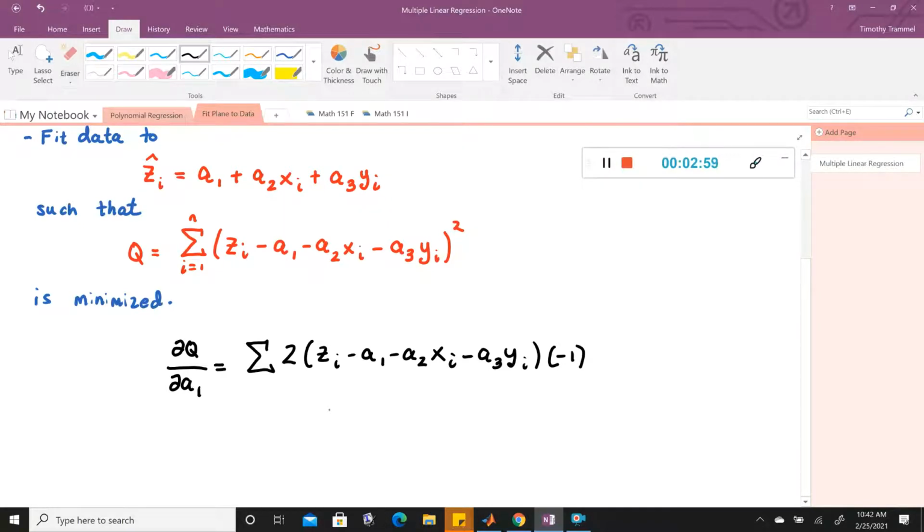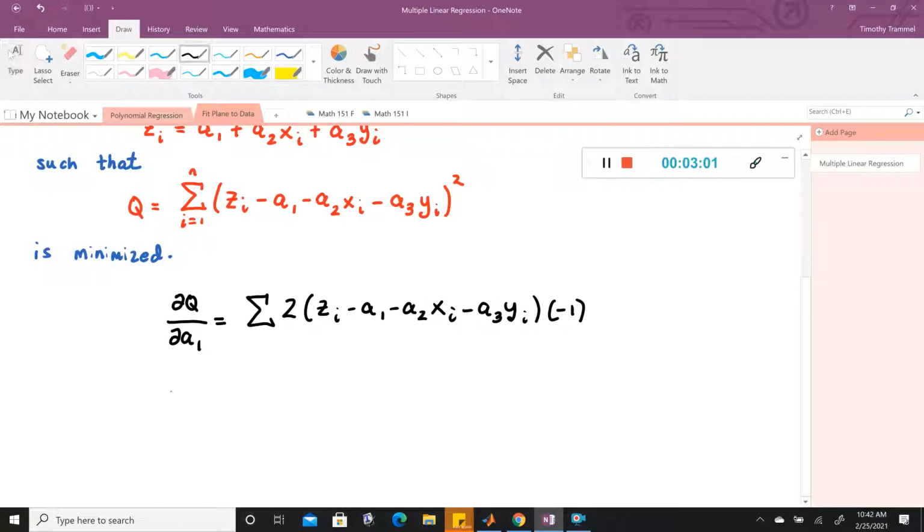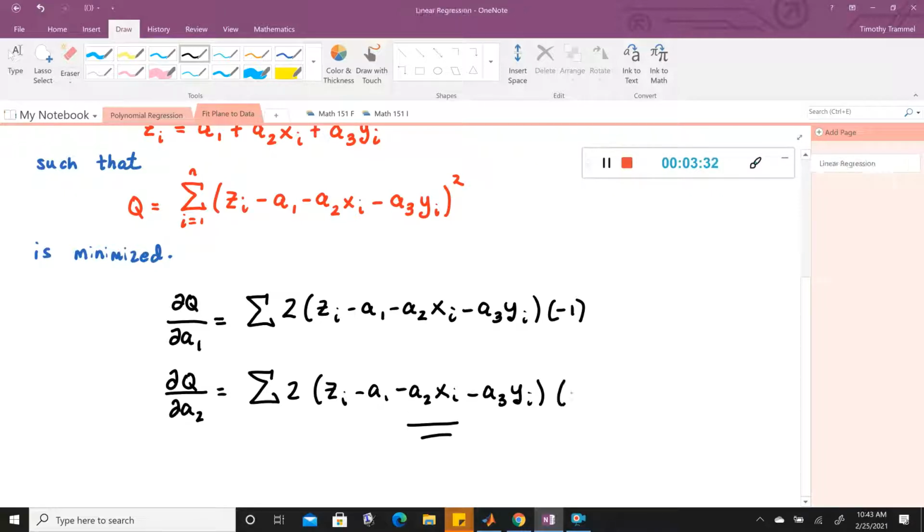Let's take the next partial. The partial of Q with respect to A2. Like I said, I'm not going to write i equals 1 to n, but you'd get a 2 coming down. The beginning of this is going to look exactly the same. But once we take the derivative of the inside with respect to A2, that's going to leave us with a minus x sub i.